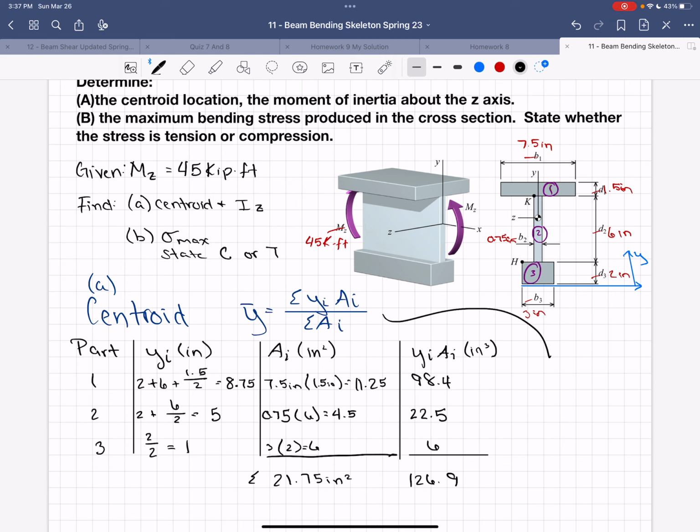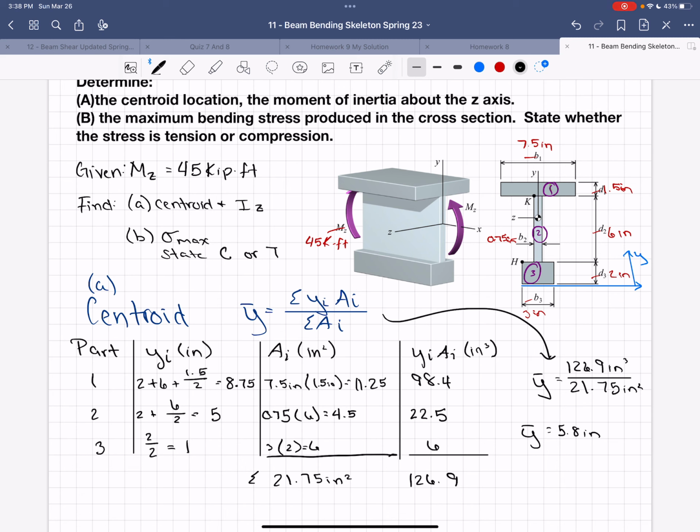Then we plug it into this equation. We get y bar equals 126.9 inches cubed all over 21.75 inches squared, and we get y bar equals 5.8 inches from the bottom.